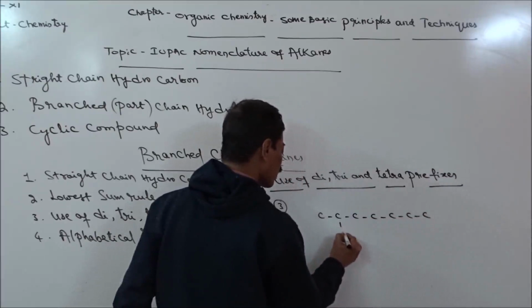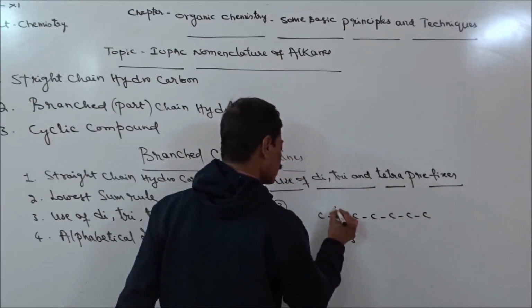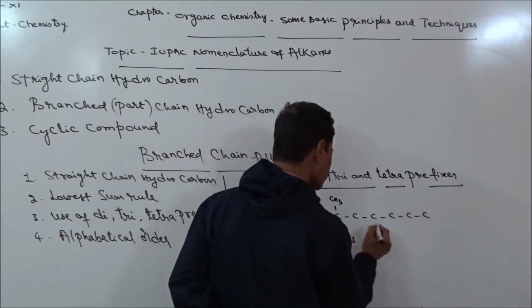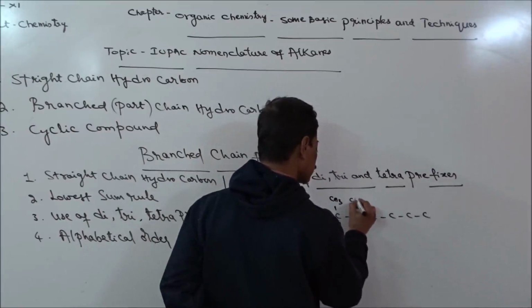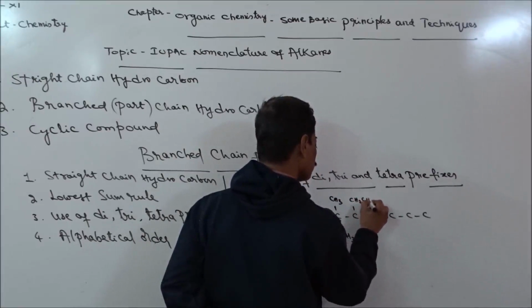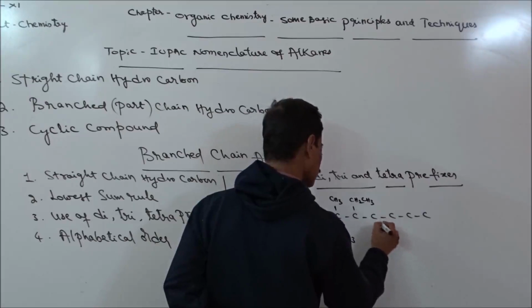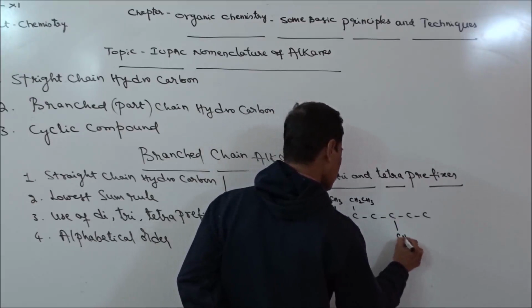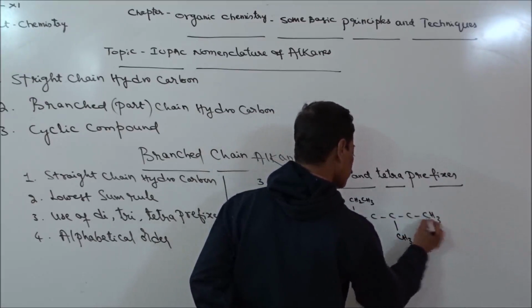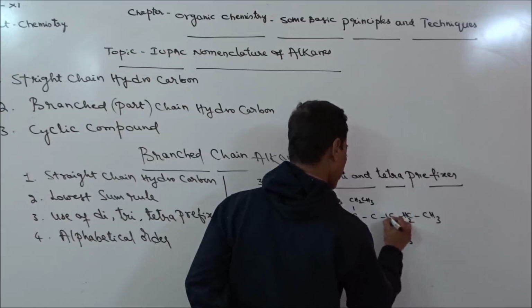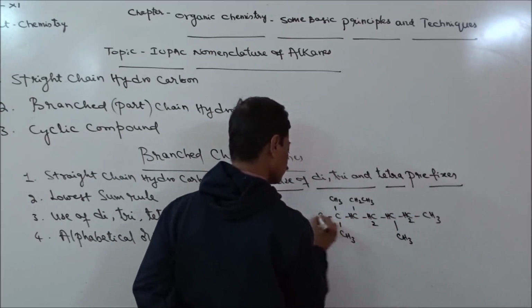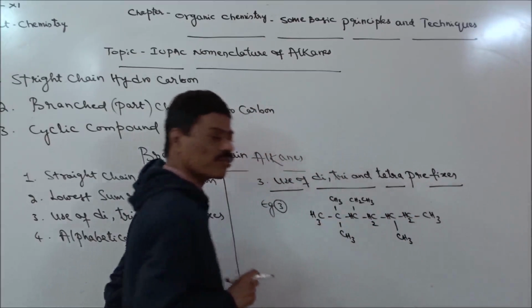On the second carbon atom a methyl group, on the same carbon atom another methyl group, and here an ethyl group and here one methyl group. Now I will add hydrogen atoms. Now this is that compound.